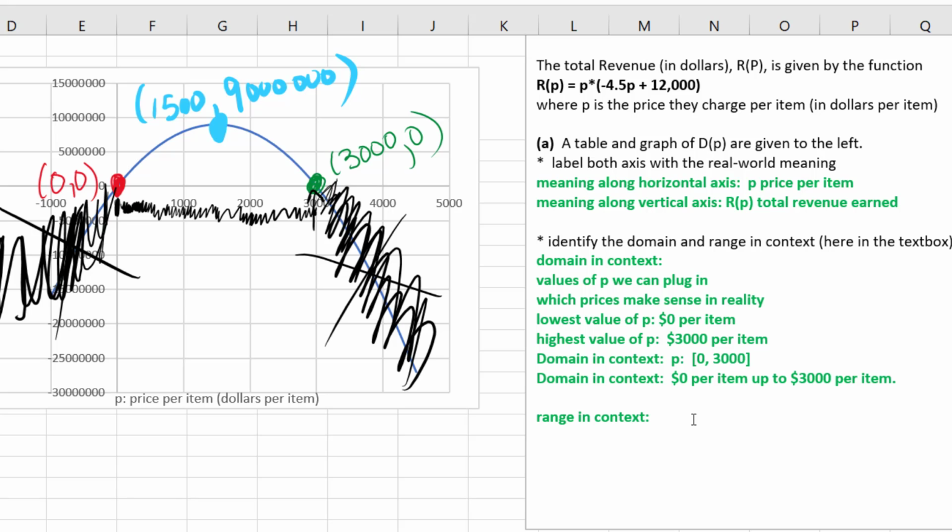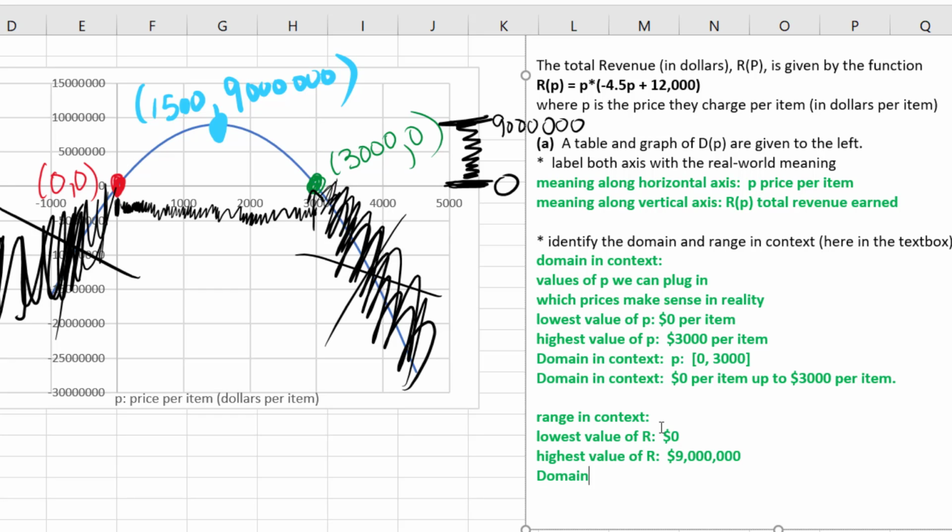Well, we get out Y values, output values, R of P values, starting at a low of 0 and spanning up to a peak of 9 million. Those are the highest and lowest values of revenue we can attain. A low of 0 to a high of 9 million.